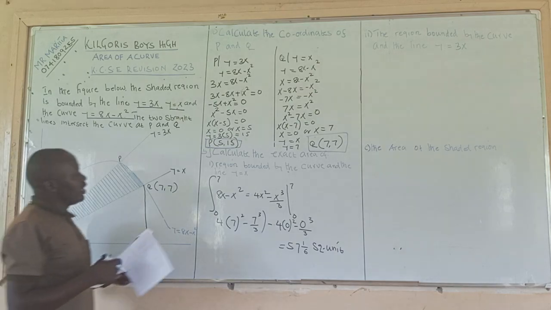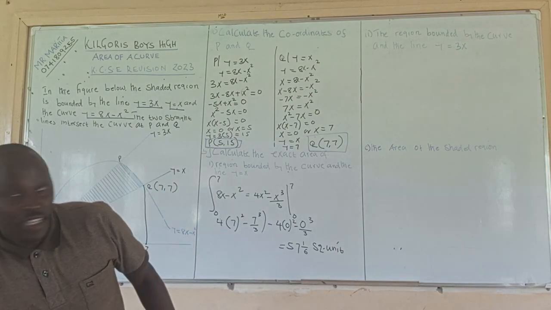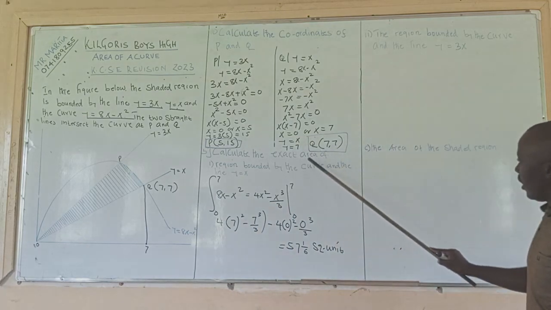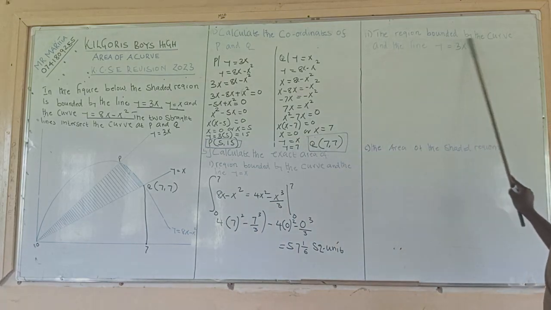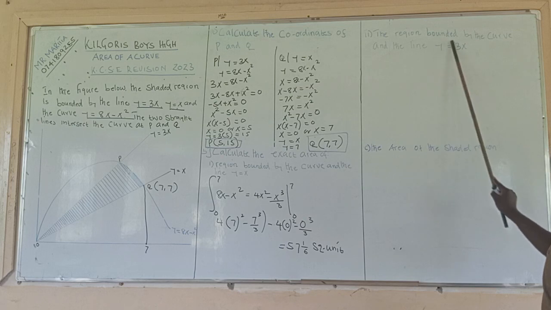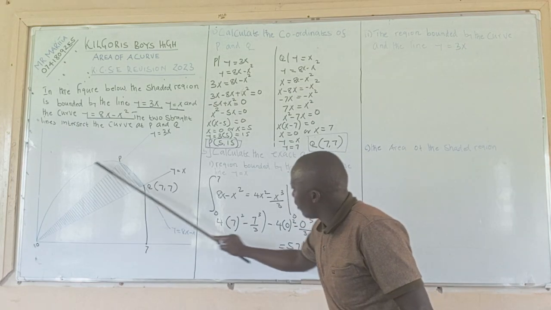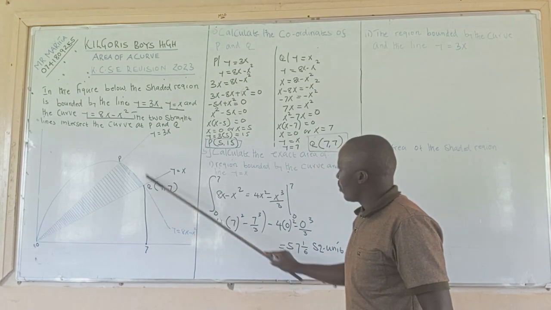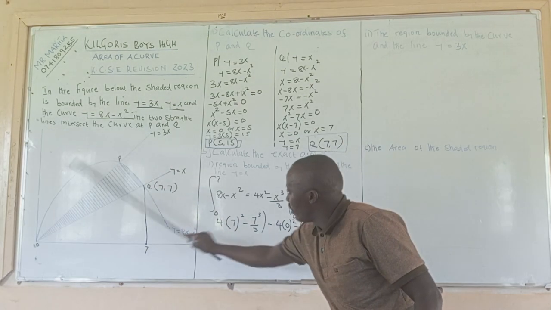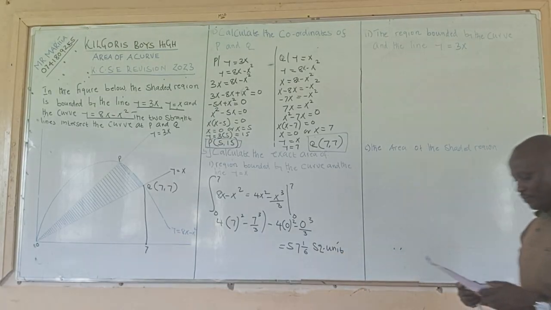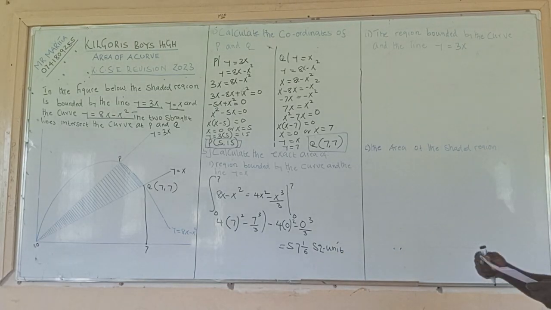Now, Roman 2, find the area of the region bounded by the curve and the line y is equal to 3x.